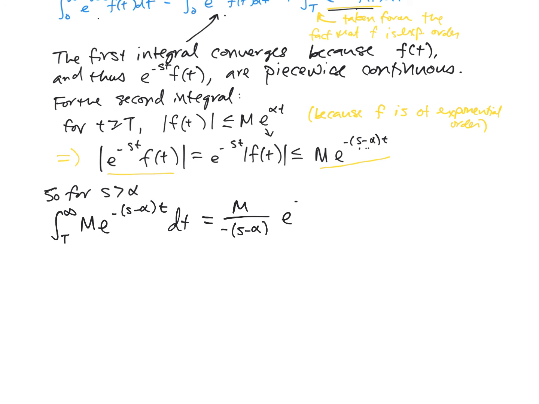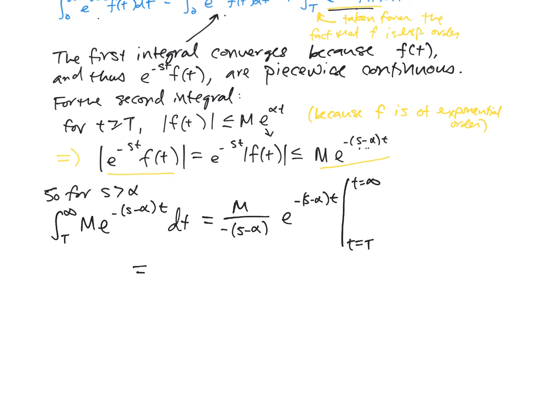Of e to the negative s minus alpha t, and we have to evaluate this from t equals big T to t equals infinity, where evaluating at infinity is a limit.